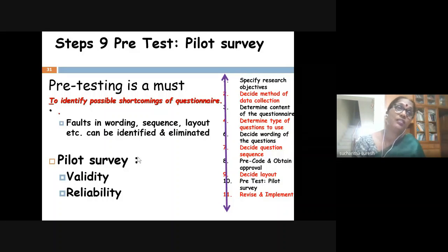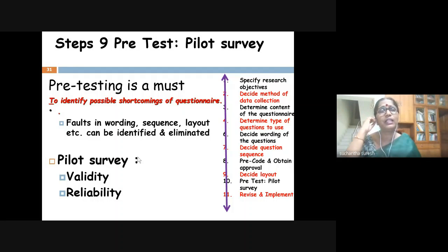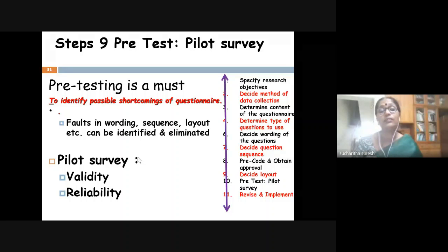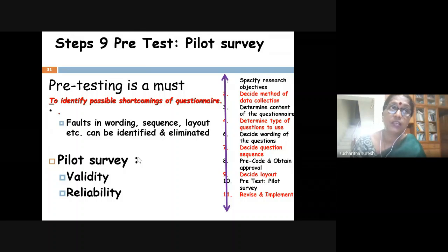But dear friends, reliability and validity is a big concept. I told you, if you have to construct a scale, reliability and validity has to be thoroughly taken care of, and we have to collect a lot of data and then do reliability and validity very thoroughly using confirmatory factor analysis and exploratory factor analysis, so that we can say that it is reliable and valid and can be used to measure certain things.